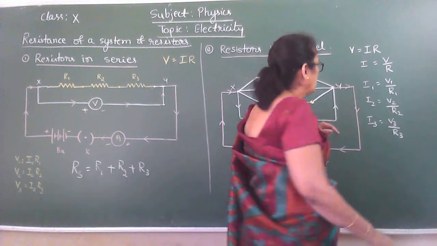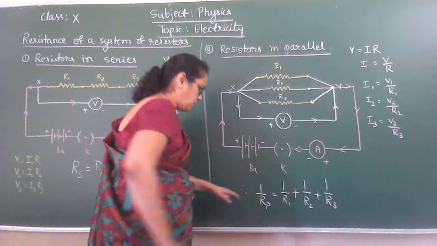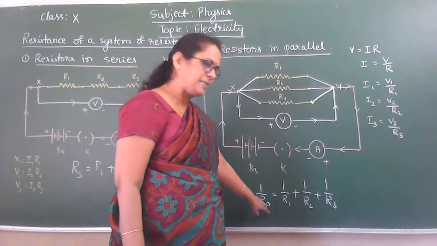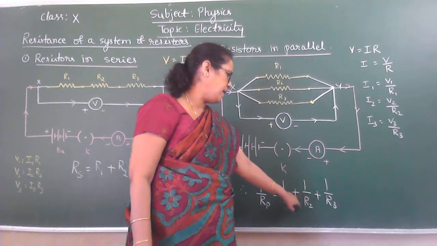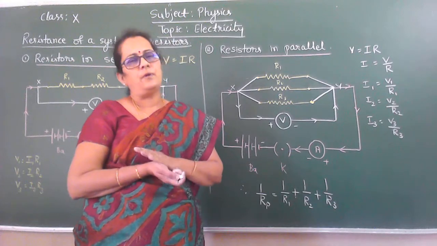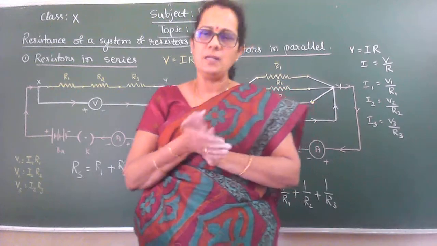Okay, so if you take the reciprocal, then 1 by Rp, that is resistance in parallel, equals 1 by R1 plus 1 by R2 plus 1 by R3, which is the formula to find out the resistance in parallel.